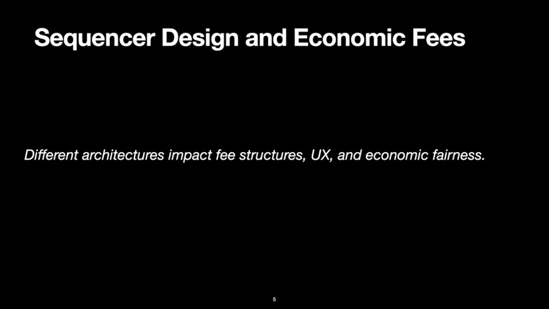Now here's where we get into some of the architectural trade-offs or design trade-offs associated with these different agents. So in general, we have somebody who's responsible for the data, somebody who's responsible for ordering the data, somebody who's responsible for the state of the rollup itself, and then somebody who's responsible for generating some sort of proof that's associated with the validity or the correctness of the state transition.